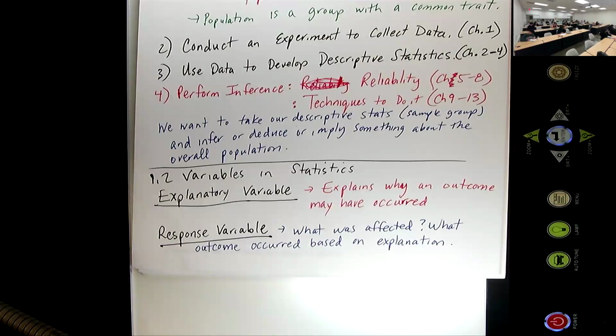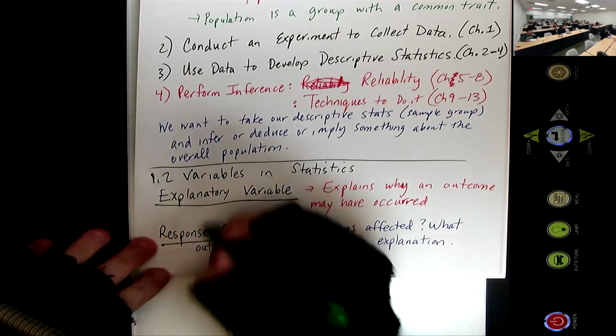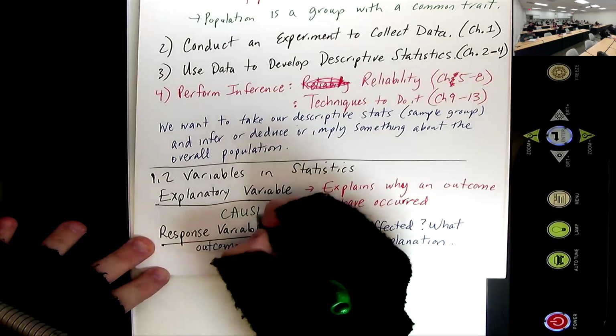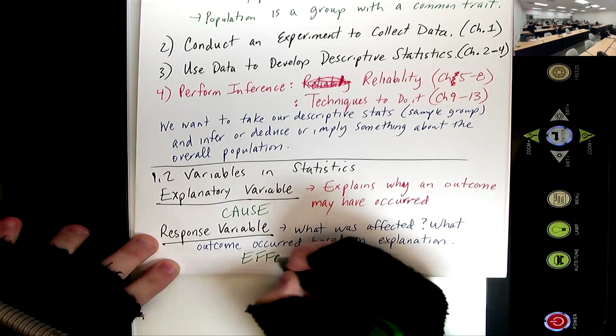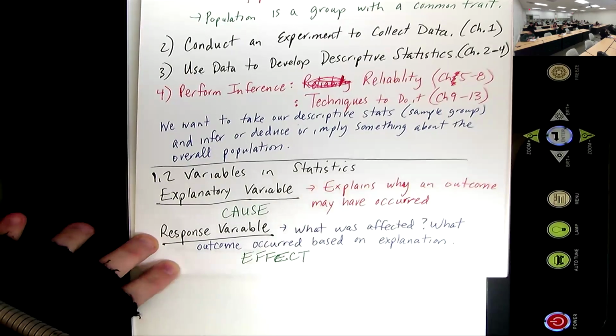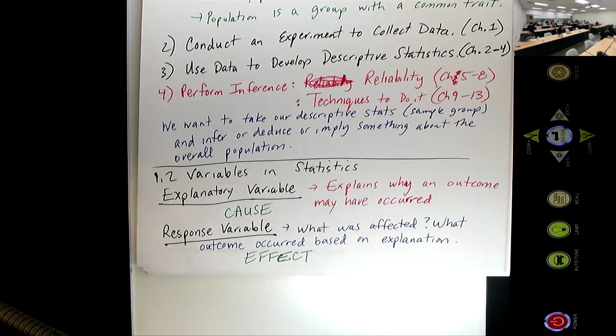The really, really long way of saying cause and effect. That's pretty straightforward. What caused it and what was the outcome, what was the effect?